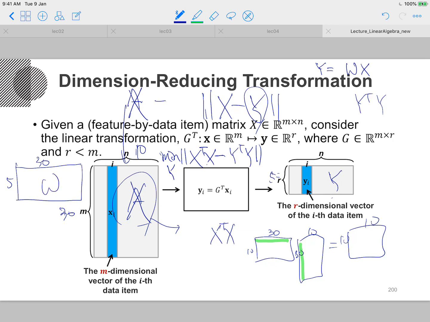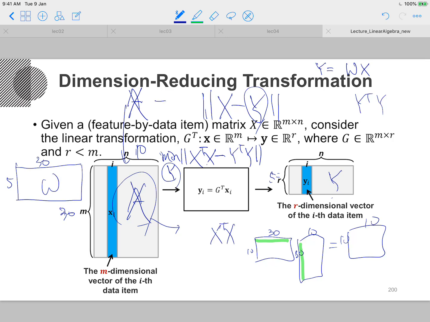Okay, so in this case, Y is now a linear combination of the original features, right, to obtain the new 5-dimensional vectors. Right? So if we add this kind of constraint, then the optimal solution for Y is now related to the singular value decomposition.